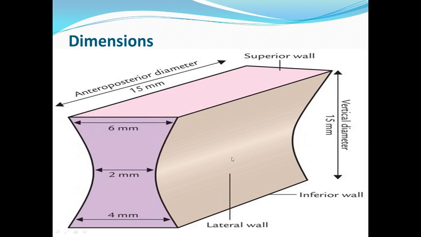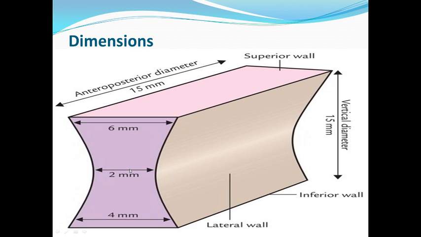The lateral and the medial wall are large, as you can see in this figure, but the other walls, the superior, the inferior, the anterior, and the posterior, are narrow. That is why this whole cube is slightly compressed from side to side.